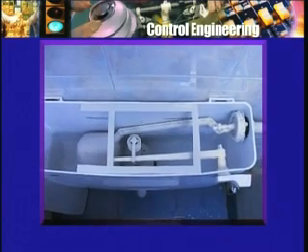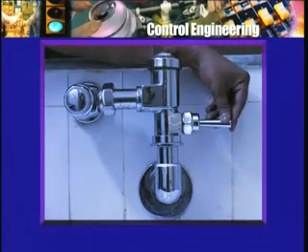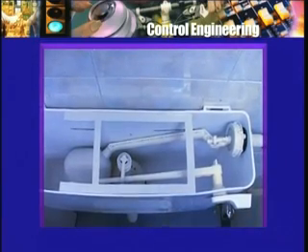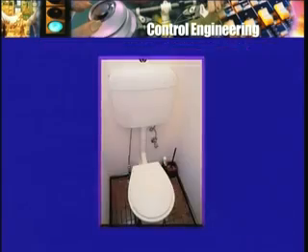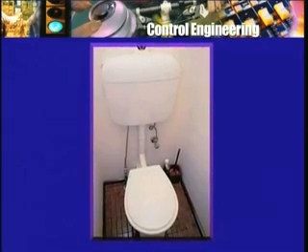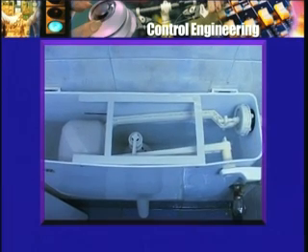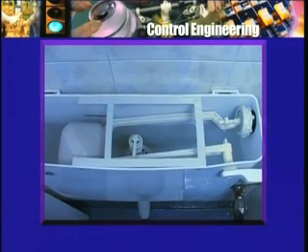The water will shut off automatically. So when needed, you pull the chain or you press the knob and the tank is completely emptied. We flush the toilet and then the tank gets filled, and you don't have to keep standing there so as to close the valve after the tank is completely full. Automatically the tank water supply will get switched off or shut off when the tank is full.